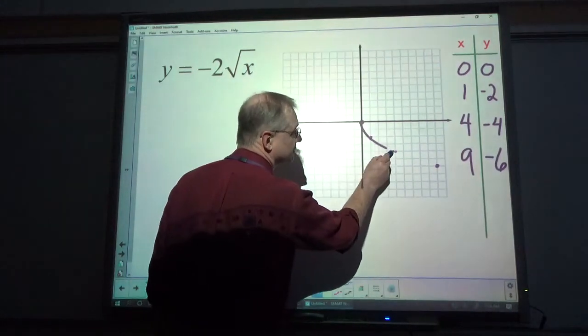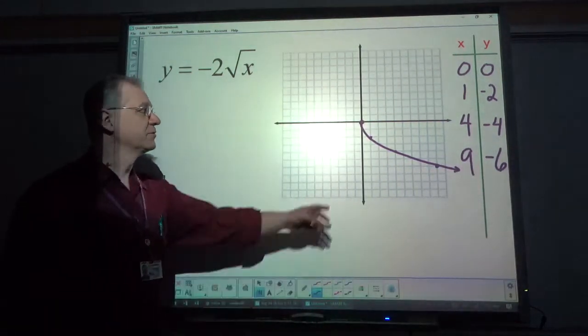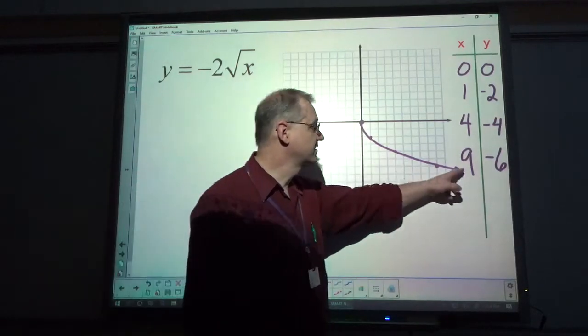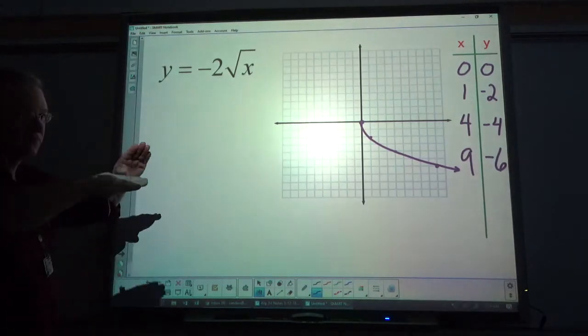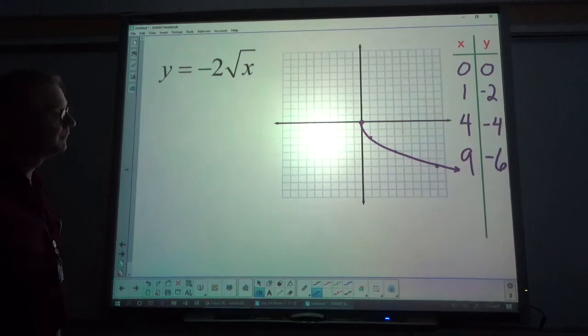So this same kind of look is still happening. Remember, it starts here, it doesn't go any further to the left, but it continues down to the right. All right, so that will continue to go bigger negatively.